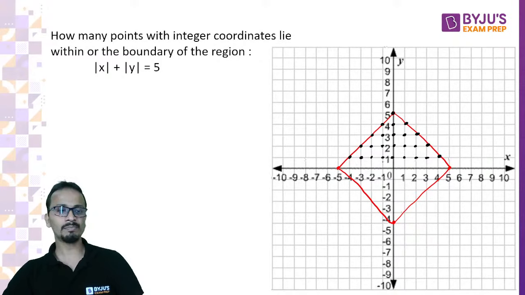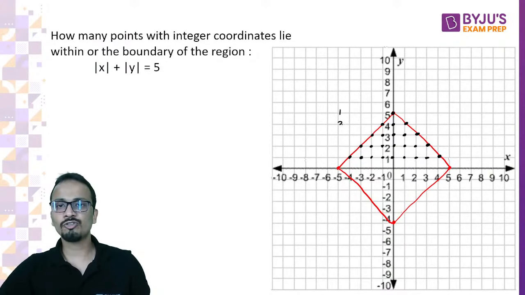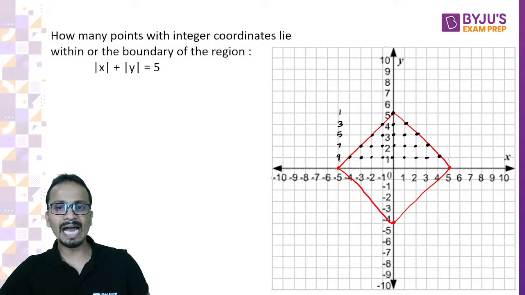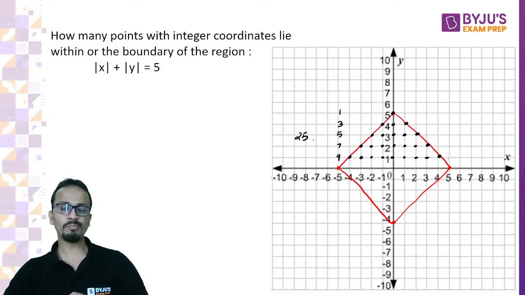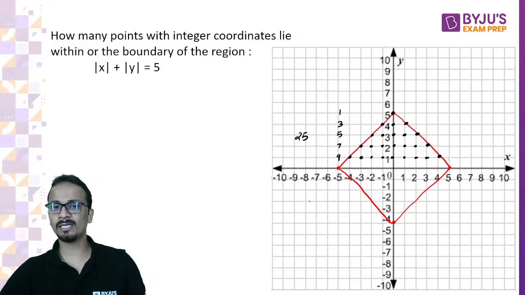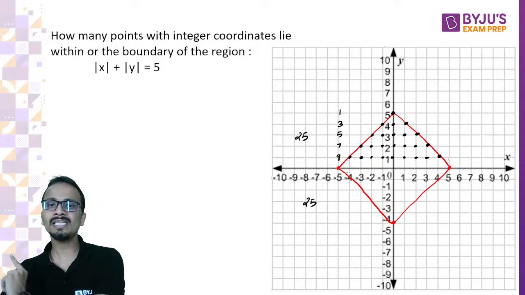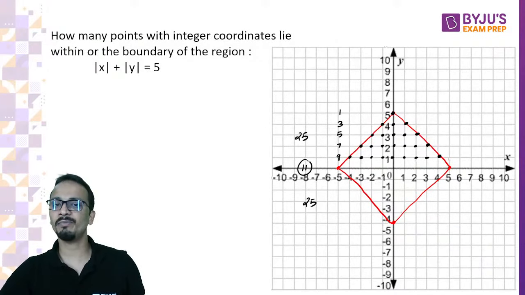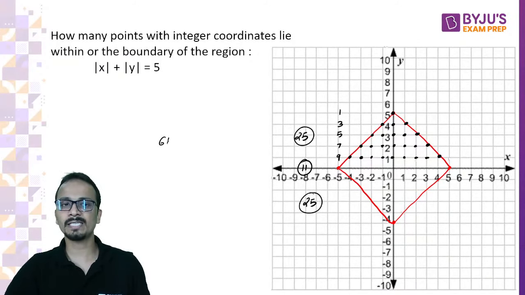So these are the points that I have marked: 1, 3, 5, 7, and 9. Let us add these points, so it will give you 25 points. So 25 points are lying above the x-axis. In a similar manner, 25 points will lie below the x-axis, and on the x-axis there will be 11 points. So 25 plus 25 plus 11, the answer will be 61 points.